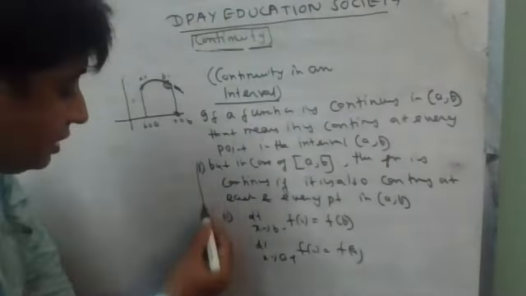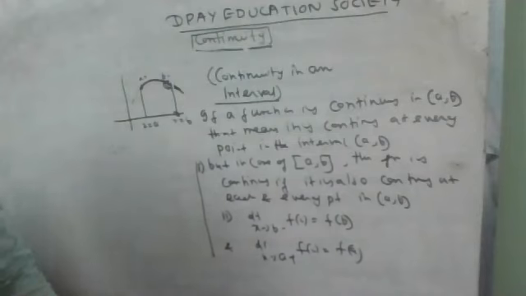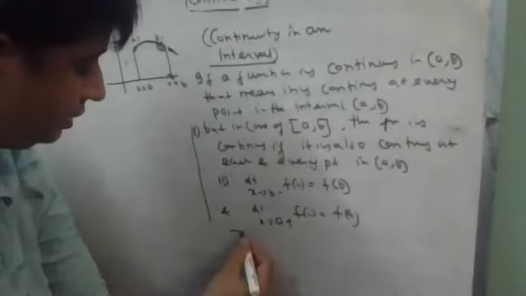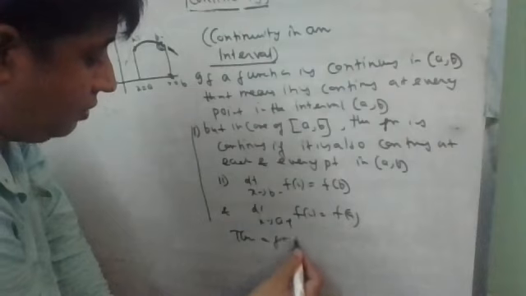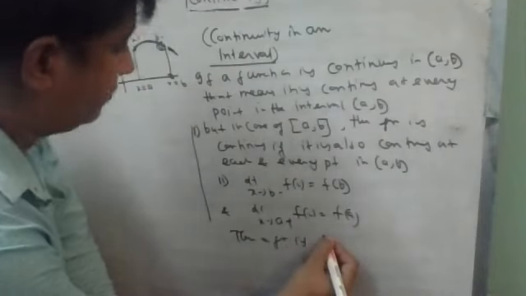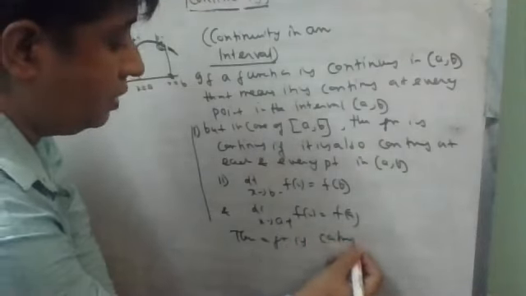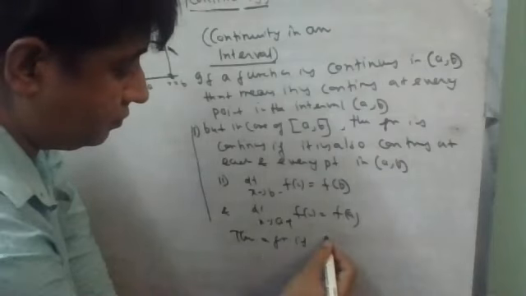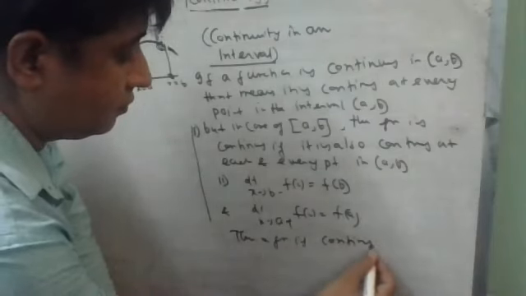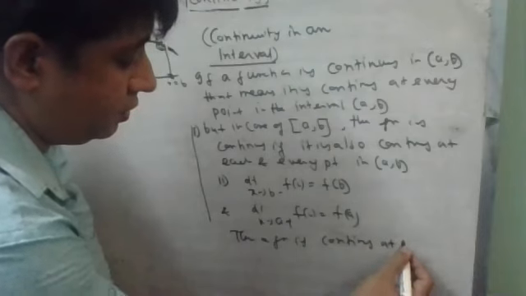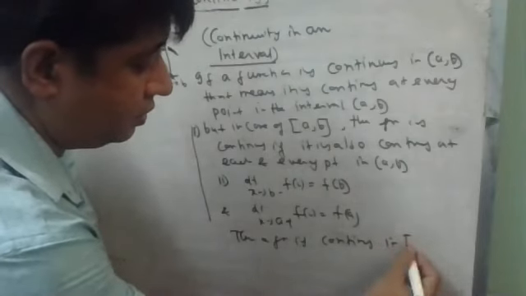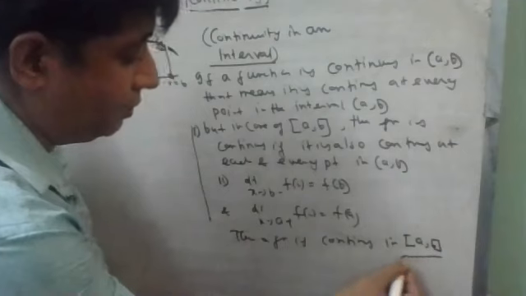So if all these three conditions are satisfied, then a function is continuous in the closed interval.